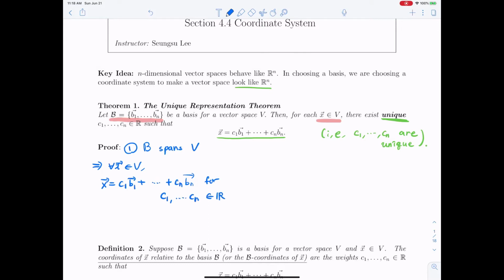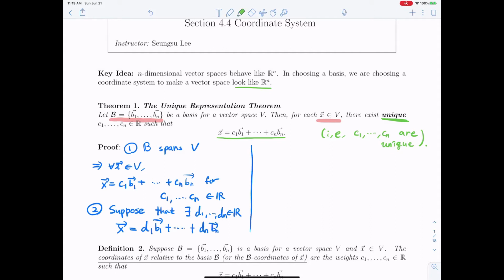And suppose also that there is another representation d1 through dn such that x is a linear combination of vectors in B with weights d1 through dn, something like this. Then our goal is to prove these coefficients are actually the same thing.